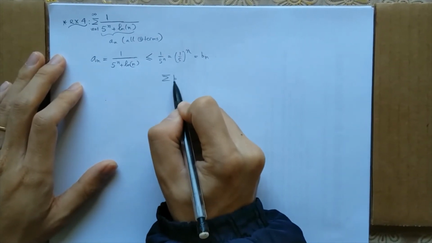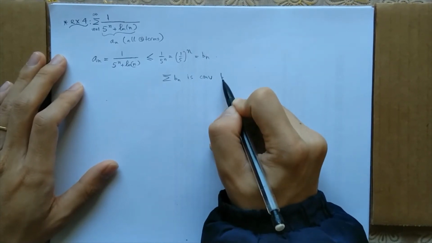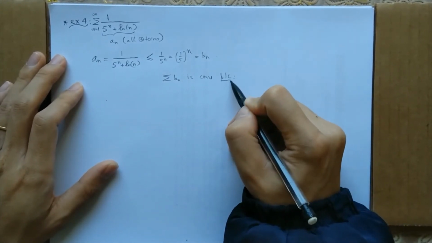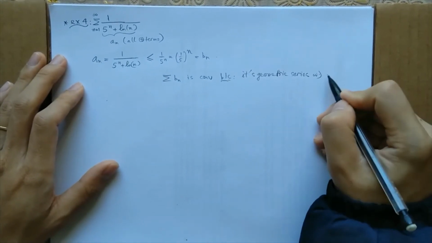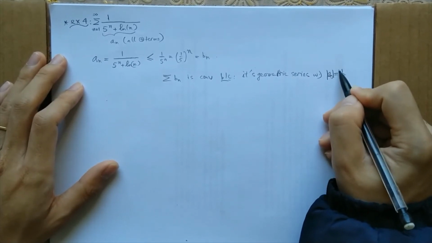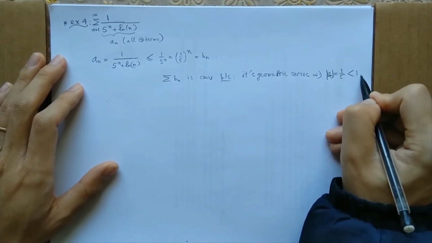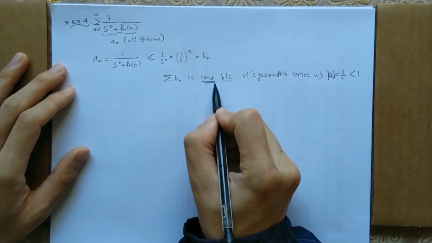Now sigma b_n is convergent because it is a geometric series with ratio q, whose absolute value is less than 1. So it's convergent.